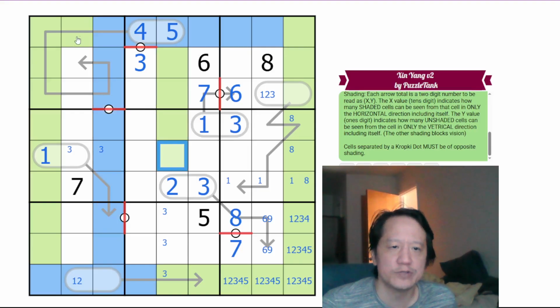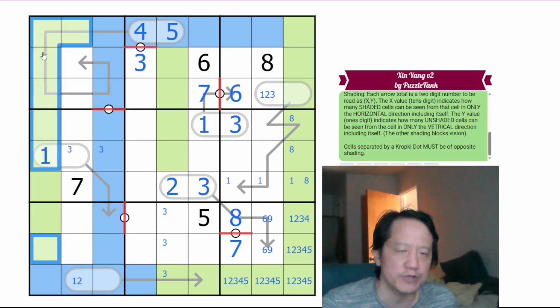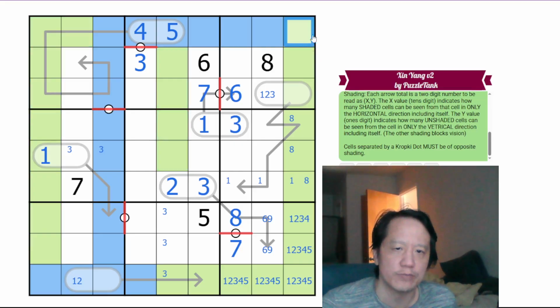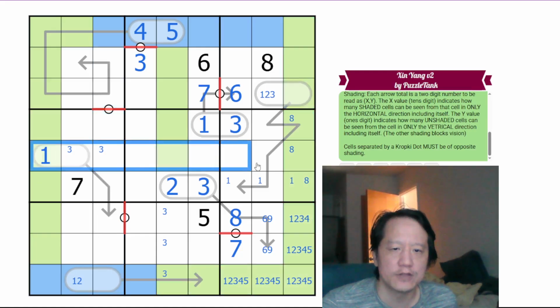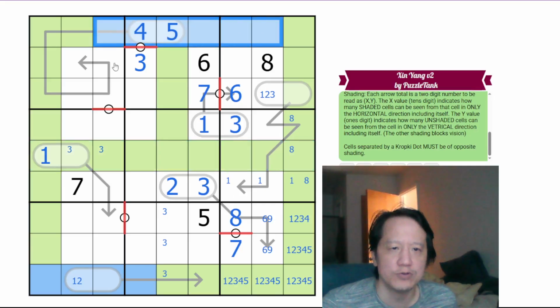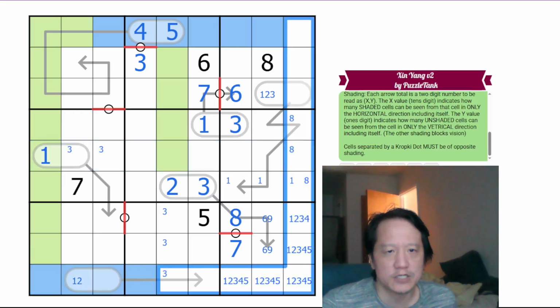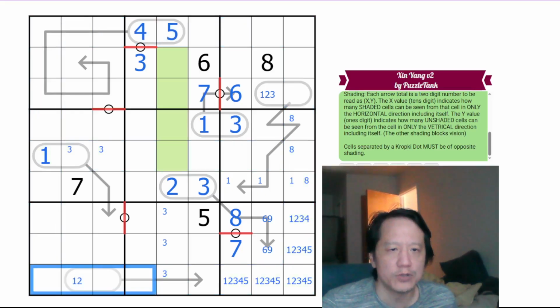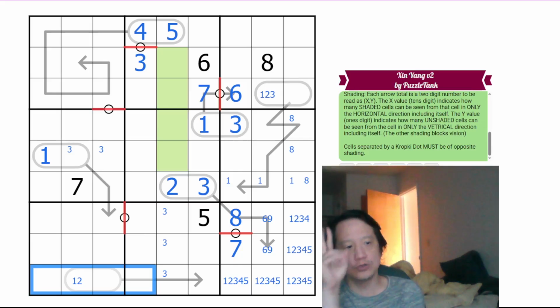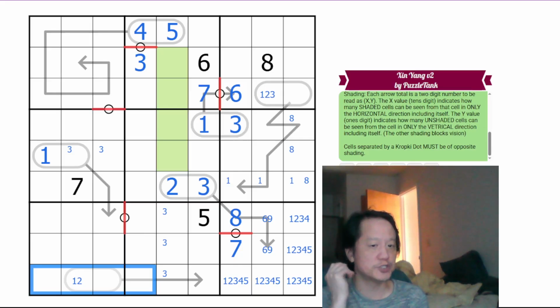If you try to do that, you'll break the unshaded regions into 2 separate regions, guaranteed at least. Same if you try to connect the green regions orthogonally, you'll break the blue regions into 2 separate regions, which is not allowed by yin-yang shading. That's why we know we can only have 0 or 2 changes of shadings on the edge.